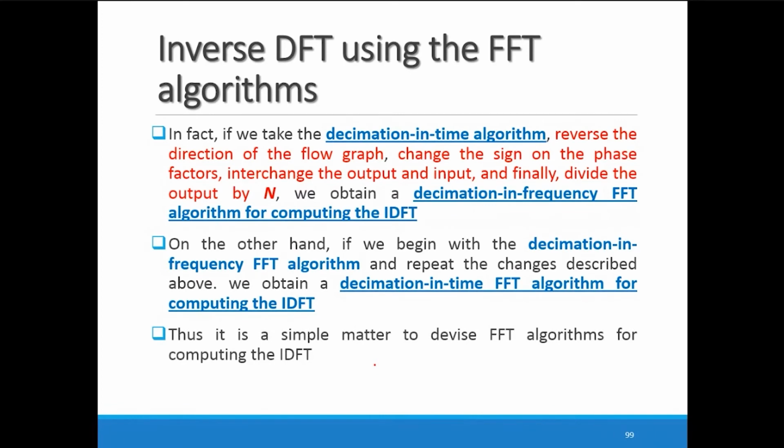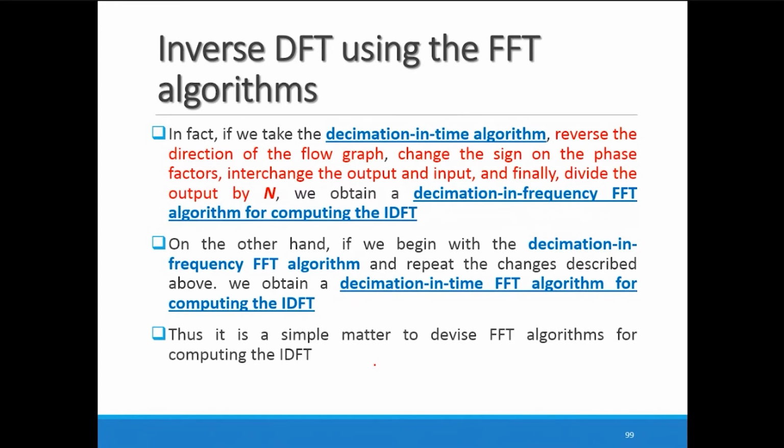Finally, divide the output by N, or apply the normalization factor. After doing all this, we obtain a decimation in frequency FFT algorithm for computing the IDFT. So this DIT FFT algorithm is converted into a DIF FFT algorithm for computation of the IDFT.